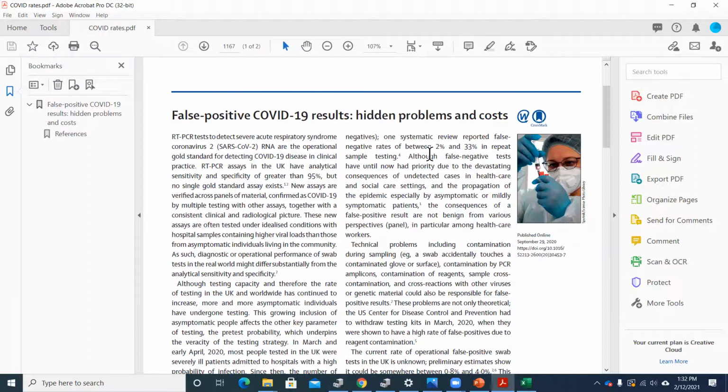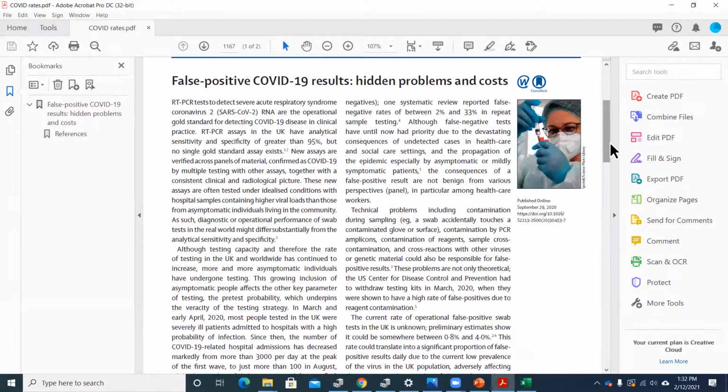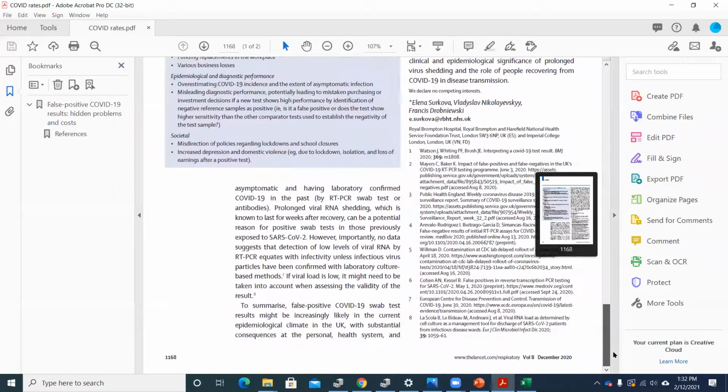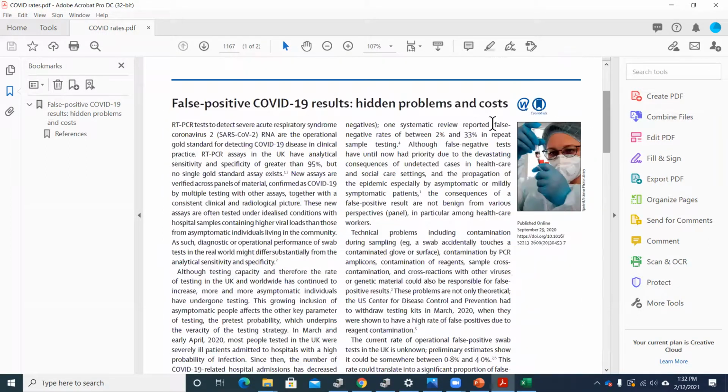I was trying to find the best source, and I think this came from Lancet, but there are some citations of Imperial College in London. There are other resources I could have used, but this had both the rates in the same article, so I just grabbed that.